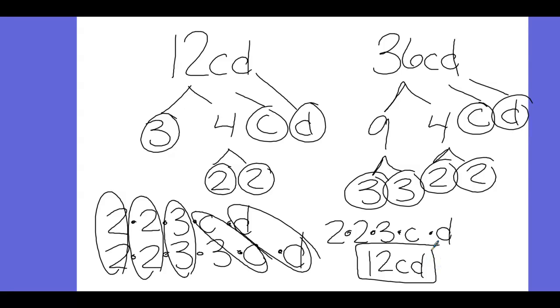Ashley is asking if your answer should be one of those numbers. No, not always. It's just the greatest common factor. So if you think about it, is 12 a factor of 36? Is there something I can multiply 12 by to get 36? Yes, 3.